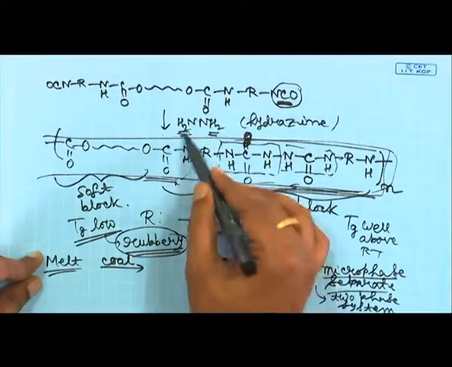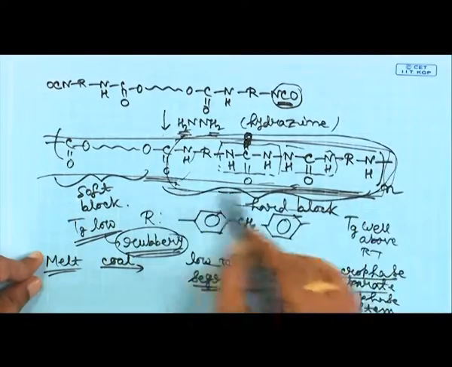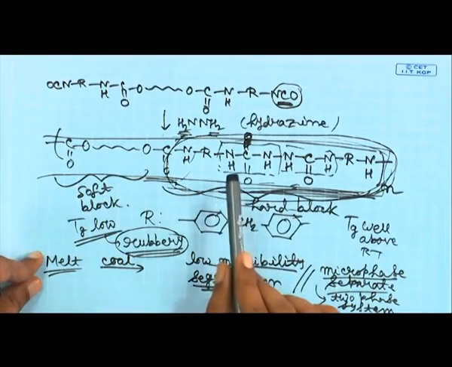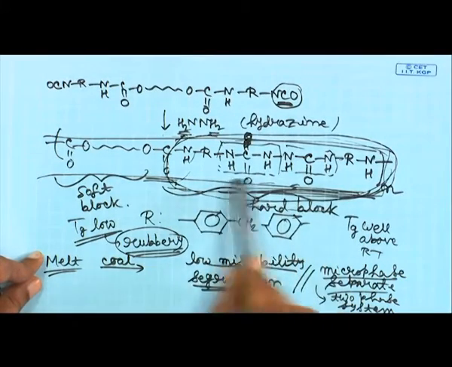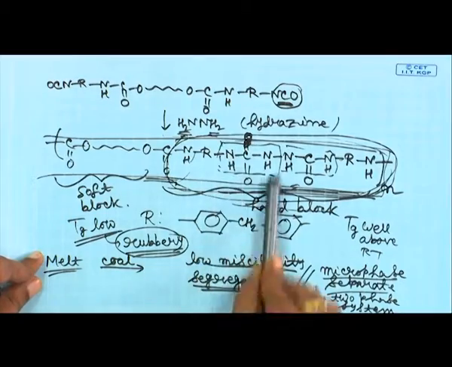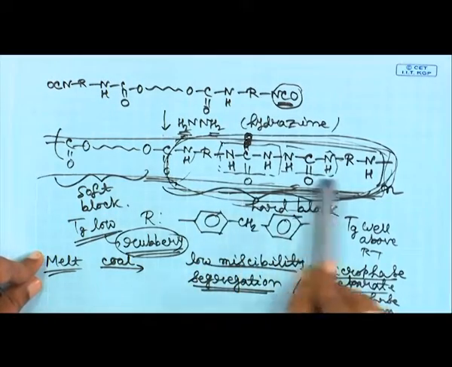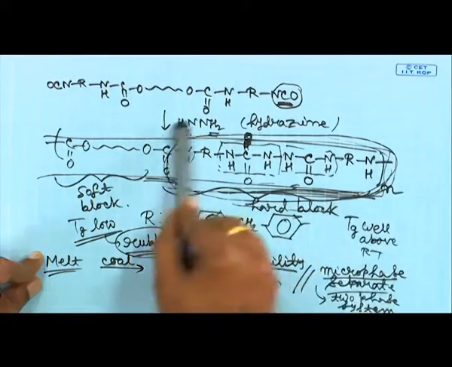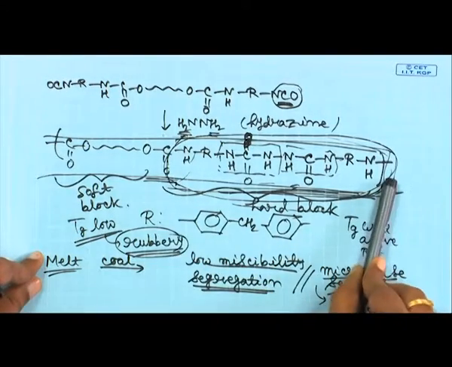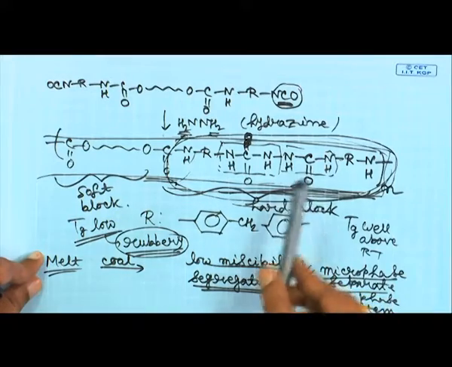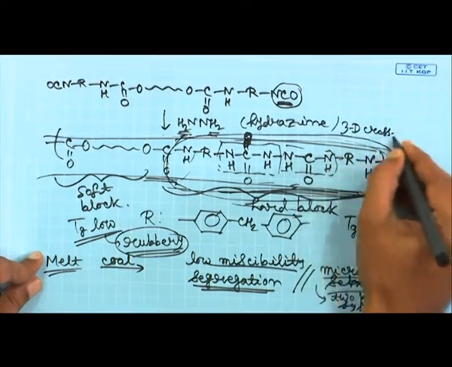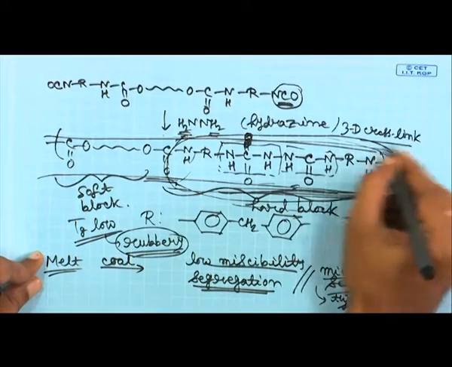Now, the domains that are formed by this hard block, those domains will be crystalline, because they are neatly held by these strong hydrogen bonding interactions. So, you will have crystalline domains, and those domains will basically provide 3D cross-link centers for the whole material.